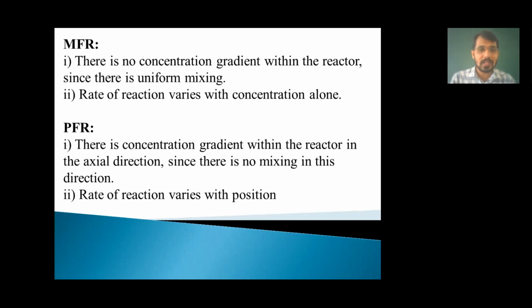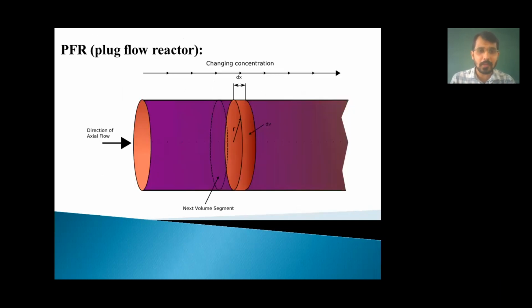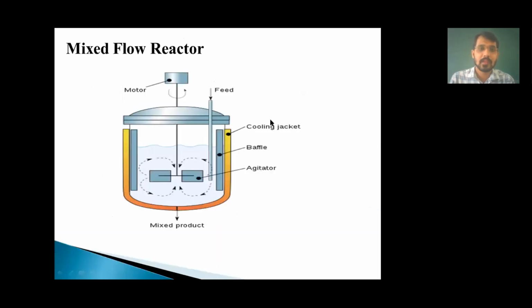So these are the figures for plug flow reactor. You can see this is a plug flow reactor and this is a mixed flow reactor. This is the figure for mixed flow reactor, in which we have motor, feed, cooling jacket, baffles and agitator, and finally we get mixed product.